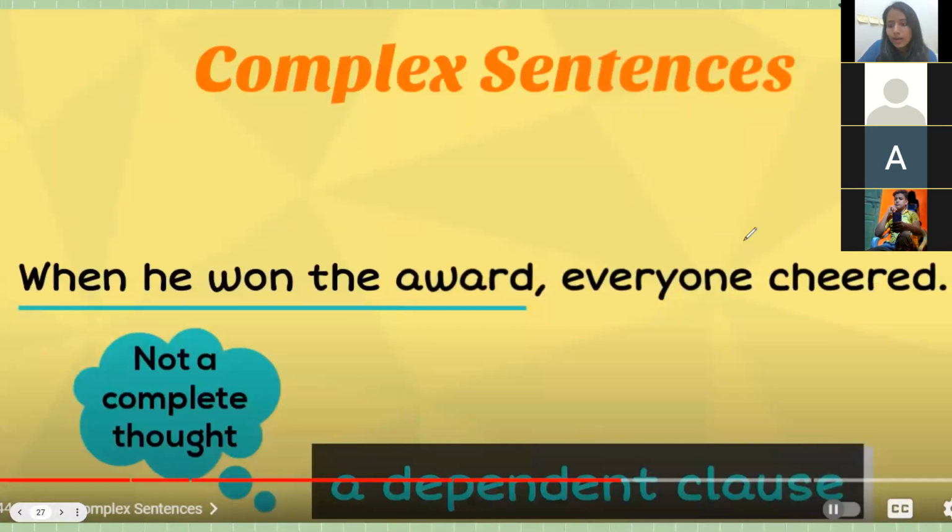When he won the award, everyone cheered. Okay. So this is a complex sentence because there is one dependent and one independent clause. Please take a screenshot. You can write it here, dependent, and this is independent. Okay. 3, 2, 1.